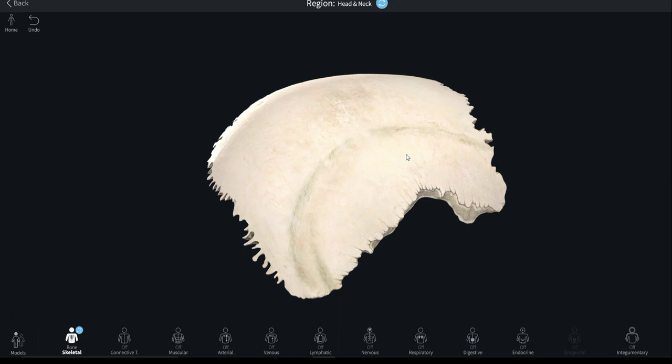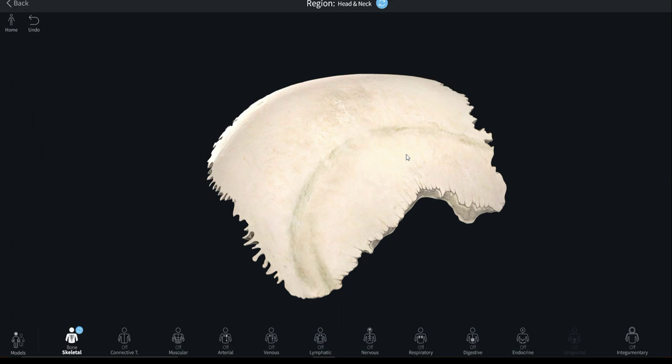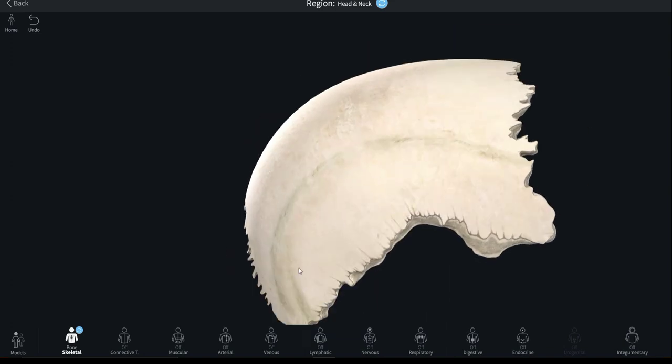What was that structure? Yes, it was the coronoid process of the ramus of the mandible, the anterior coronoid process of the ramus of the mandible, right?